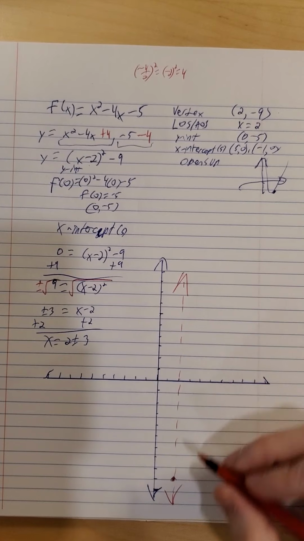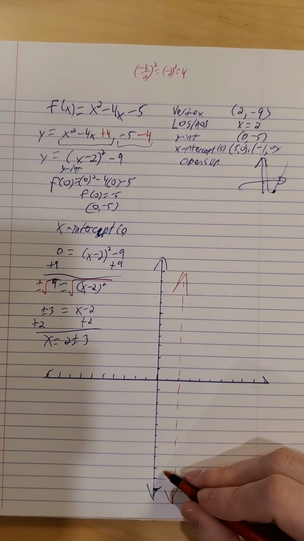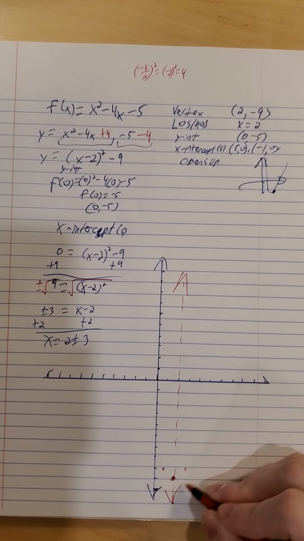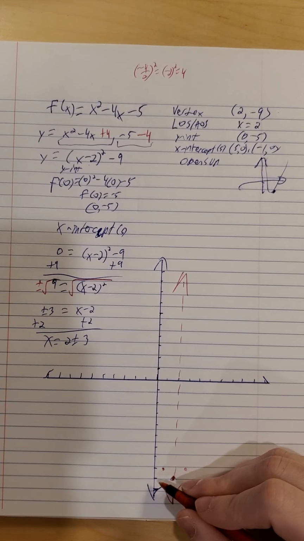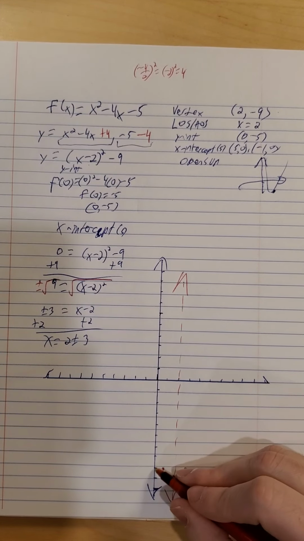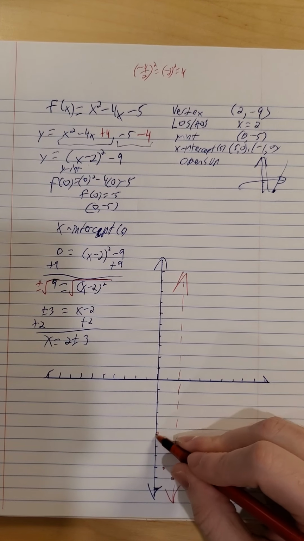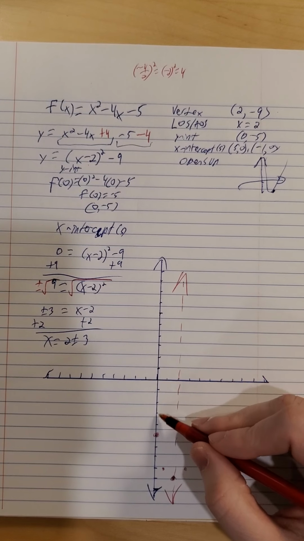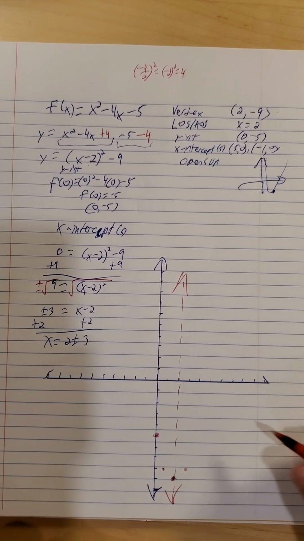Let's see, A is worth 1, so 1 unit out, we go only 1 unit up. 2 units out, 2 squared is 4, 4 units up. 1, 2, 3, 4 units up. And notice that fits nicely with our y-intercept of 0, negative 5. 1, 2, 3, 4, and 5 units down.